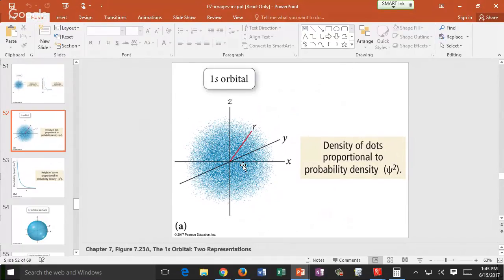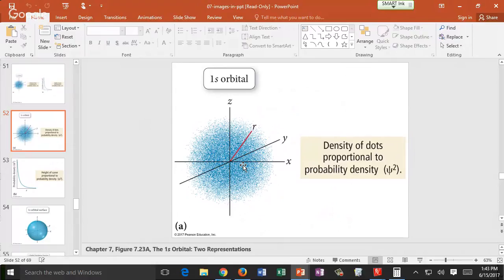A 1s orbital is what you get when you solve that probability distribution, that psi squared, and you plug in n equals 1, and then L equals 0, because 0 is associated with s. If you graph that probability density, you get this. That says that an electron with those particular quantum numbers is going to be somewhere in this area in the atom. The middle is the nucleus. It's going to be somewhere within this sphere.